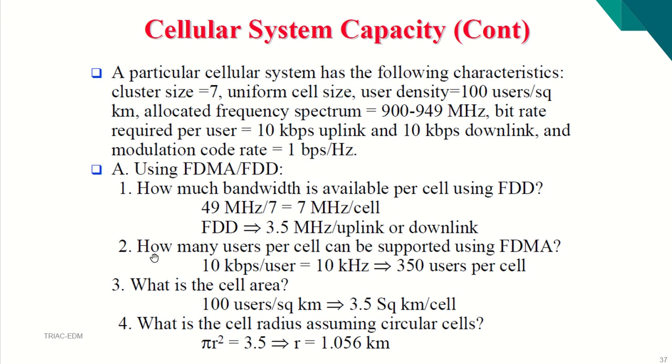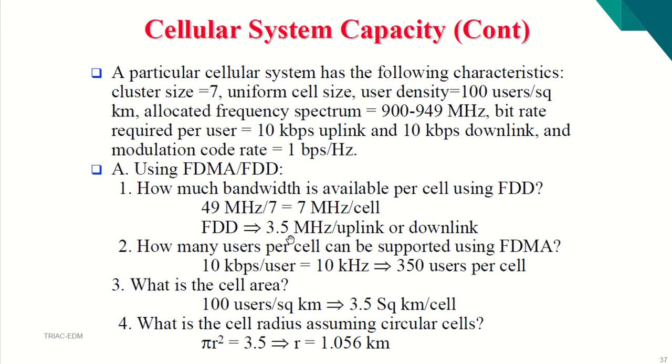And then how many users per cell can be supported using FDMA? It's 10 kbps per user. As a result, 3.5 megahertz divided by 10 kHz per user equals 350 users per cell.